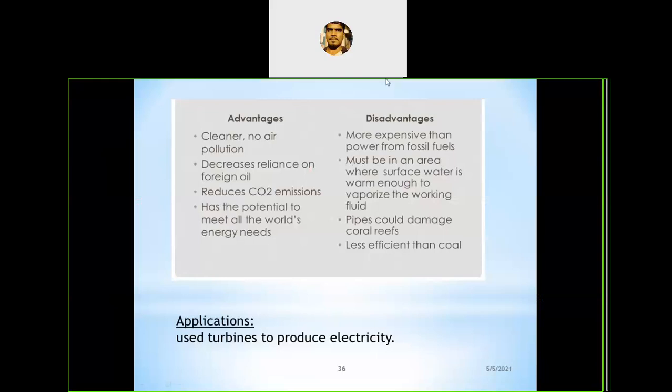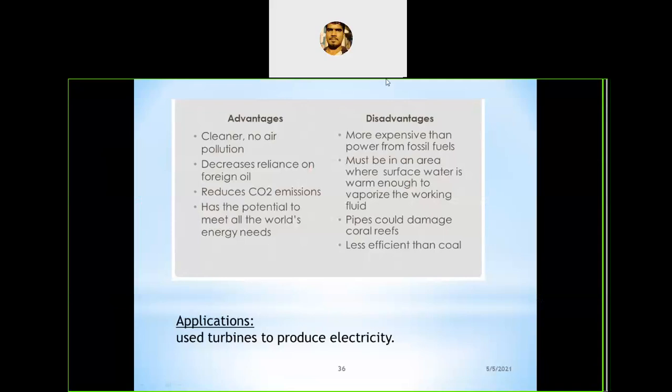The first important advantage is that it is clean: there is no air pollution, there is no combustion, so there is no chance of air pollution. It won't produce any carbon dioxide, sulfur, or nitrogen oxides. A second thing, it decreases the reliance on foreign oils, like petroleum oil, whatever foreign oils we import from foreign countries.